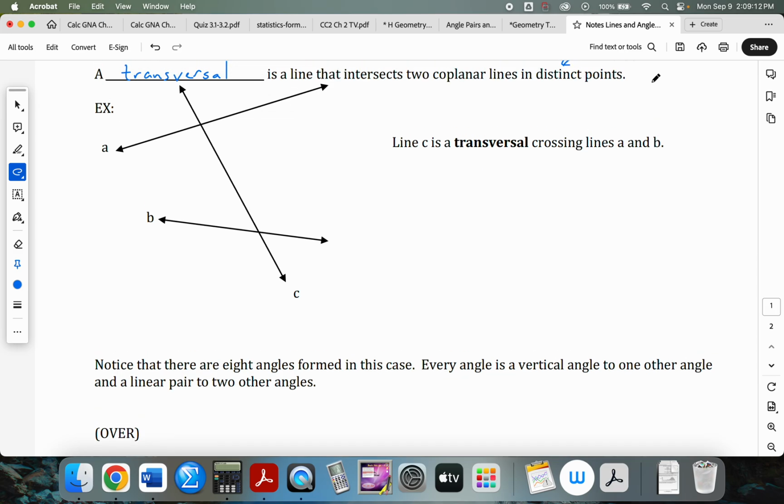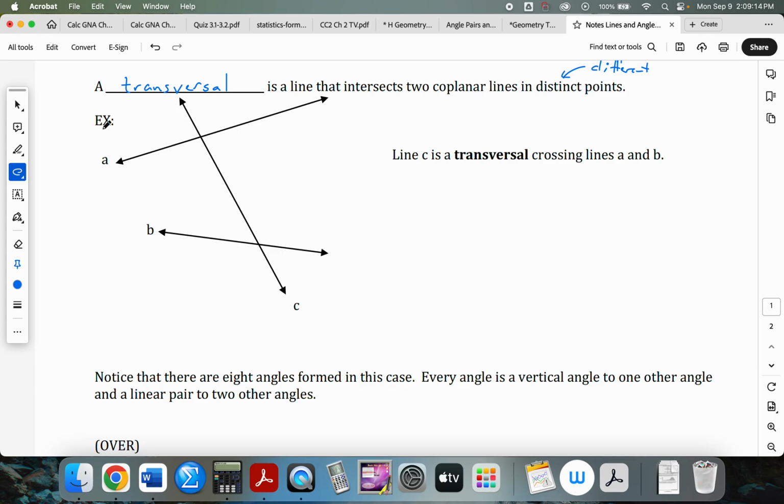Notice in this picture, C is a transversal for lines A and B. And notice there are 8 different angles that are formed. There are 4 here and 4 here. Every one of those is a vertical angle with something, and it's a linear pair with 2 other somethings.